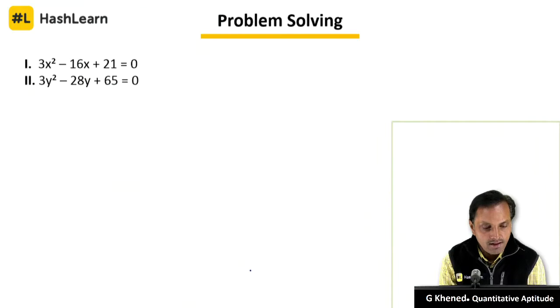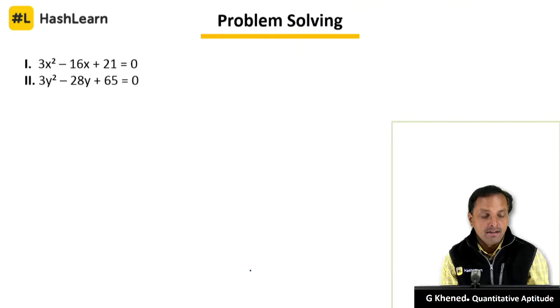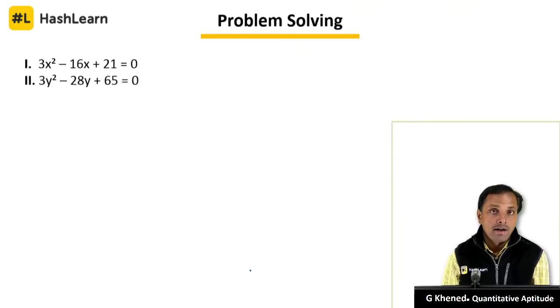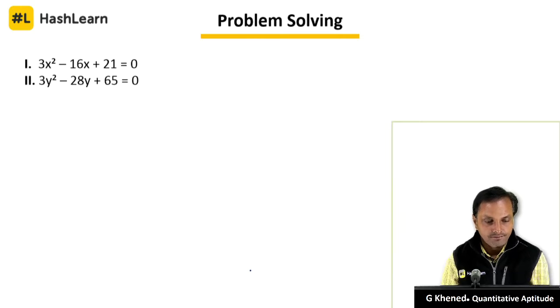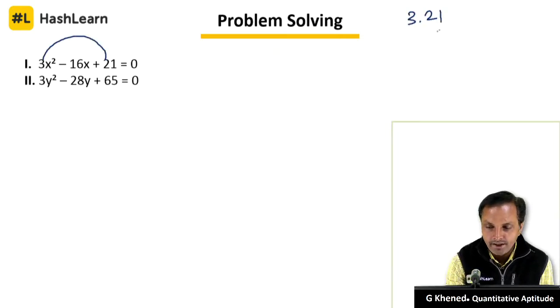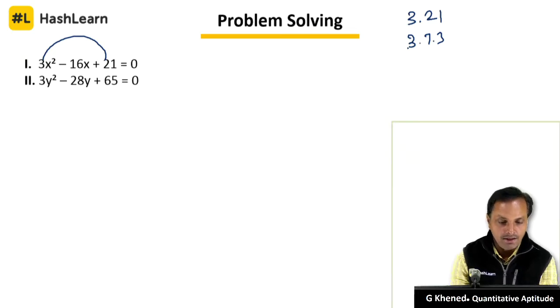Here is another example where you have 3x square minus 16x plus 21, 3y square minus 28y plus 65. Solve these and get the relation between x and y. So the factors for 3 and 21 are 3, 21 is 7 into 3, you should get 16.